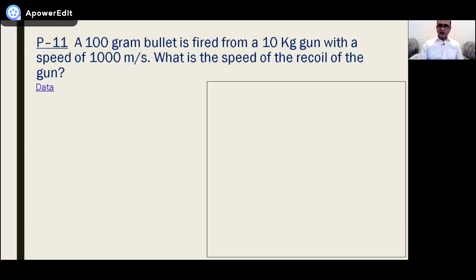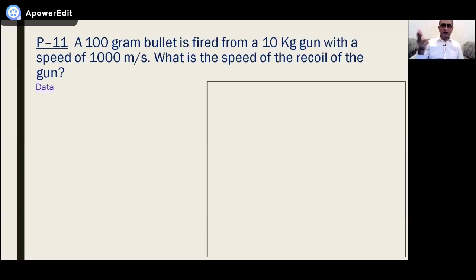So what else is given? When the bullet is fired, the speed of the bullet is 1000 meter per second. As you fire, the bullet will go in the forward direction, whereas the gun will go in the backward direction. This is called the recoil of the gun.